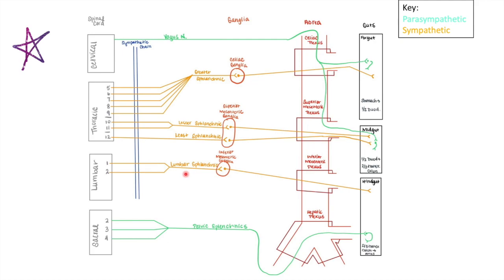Now, if you've started looking at the blood supply, you'll remember two things. So superior mesenteric ganglia and inferior mesenteric, those names sound very familiar. So on our aorta, we've got some arteries coming off. We've got a superior mesenteric artery, and we have an inferior mesenteric artery.